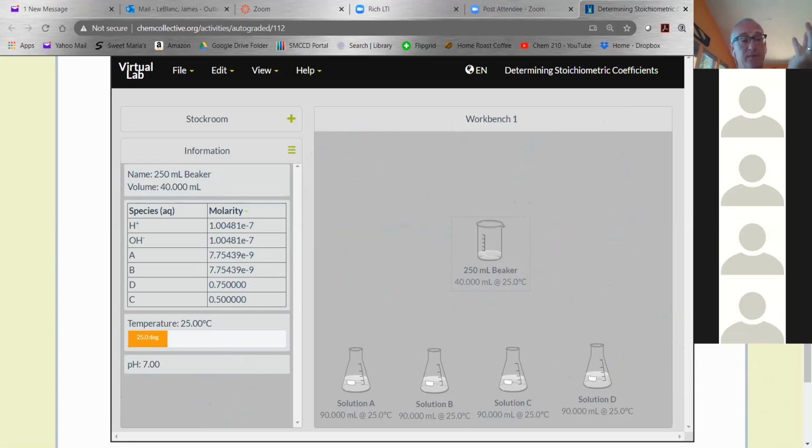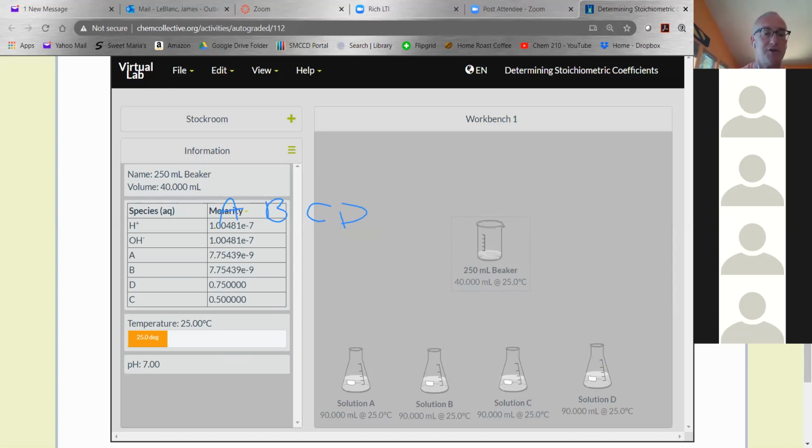There should be some kind of table, even though I didn't spell it out. I always want a table because you're collecting data. Anytime you're collecting data, you should automatically assume a table's required. So it should have something like amount of A, B, C, D, how much you added, what the volumes were, and then what the concentrations were after.